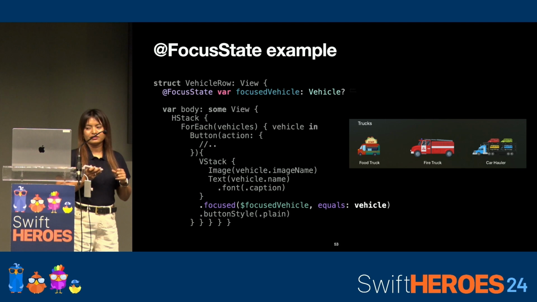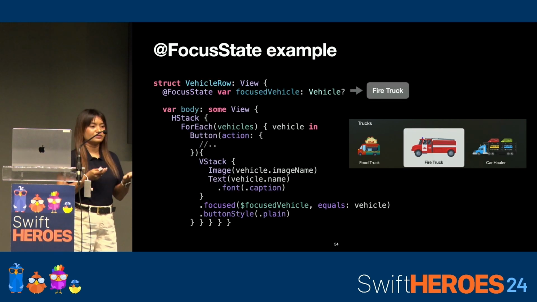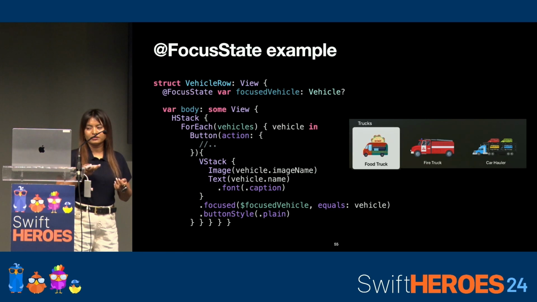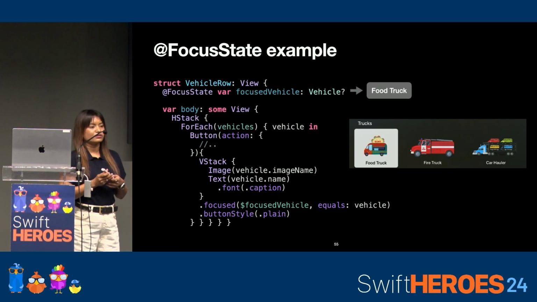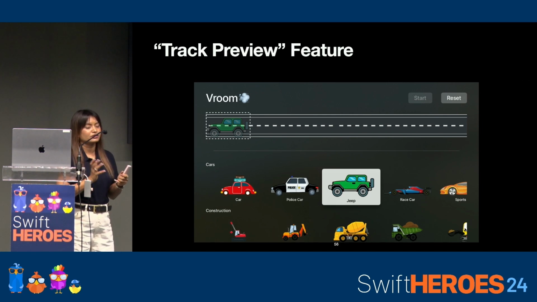So as expected, in action, it's going to be nil because none of the buttons are in focus. And whenever a button comes under focus, it's going to change dynamically. And that's exactly what we're looking for. So we now know which vehicle is in focus at all times.